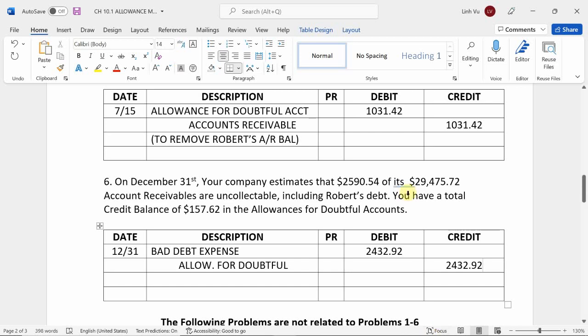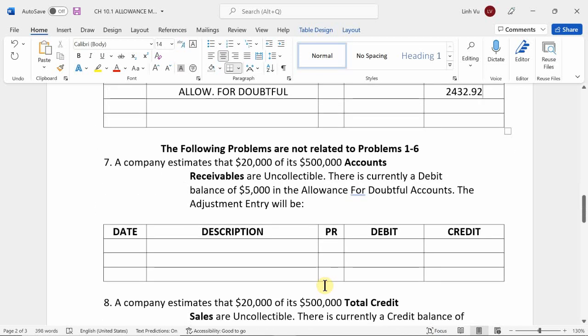Okay. So everything else from here are just examples of doing more bad debt.